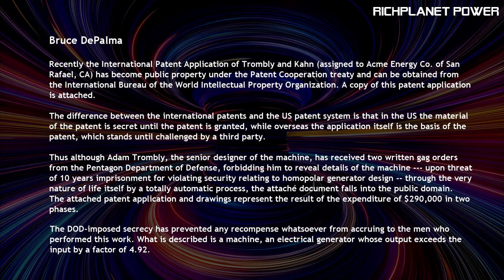The attached patent application and drawings represent the result of the expenditure of $290,000 in 2 phases. The Department of Defense imposed secrecy has prevented any recompense whatsoever from accruing to the men who performed this work. What is described is a machine, an electrical generator whose output exceeds the input by a factor of 4.92.